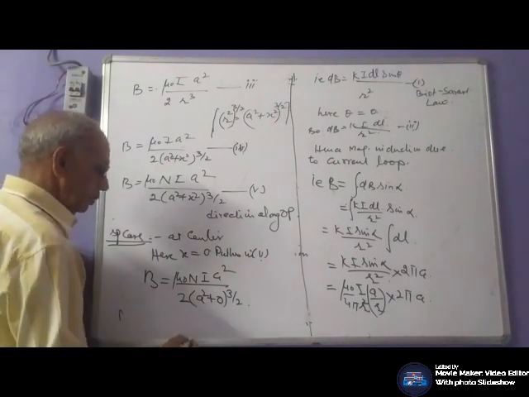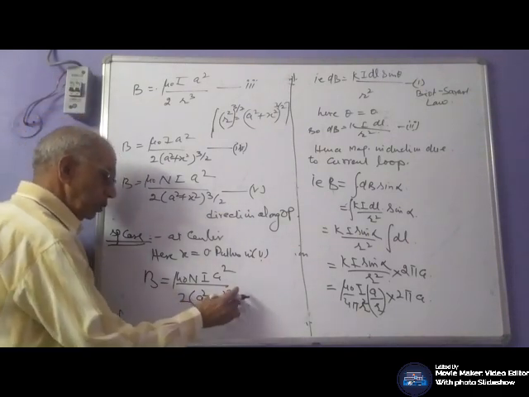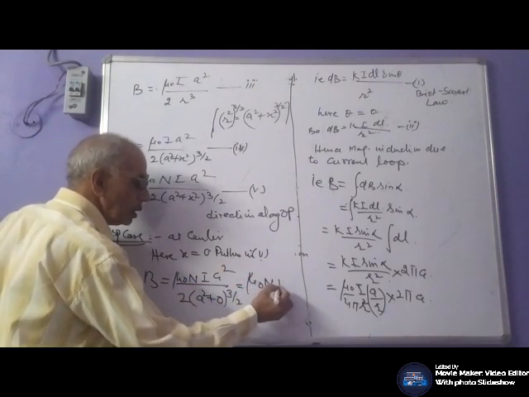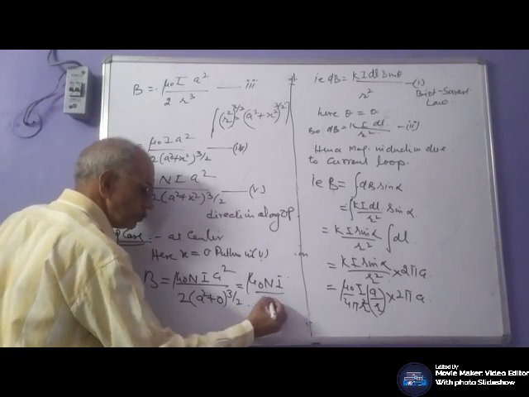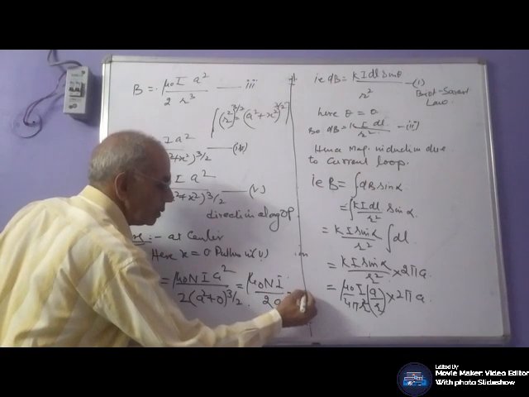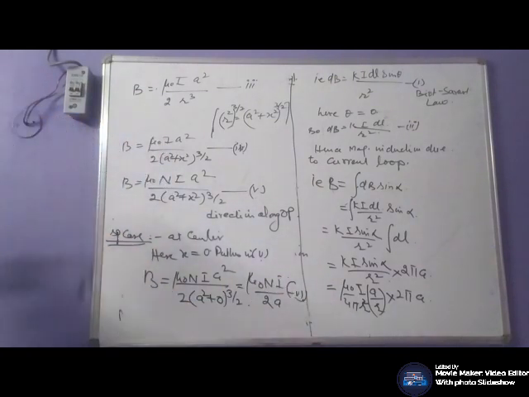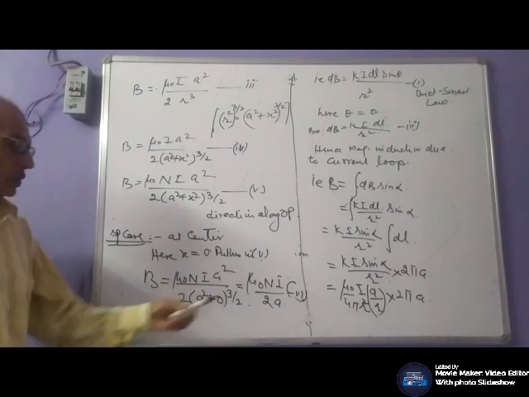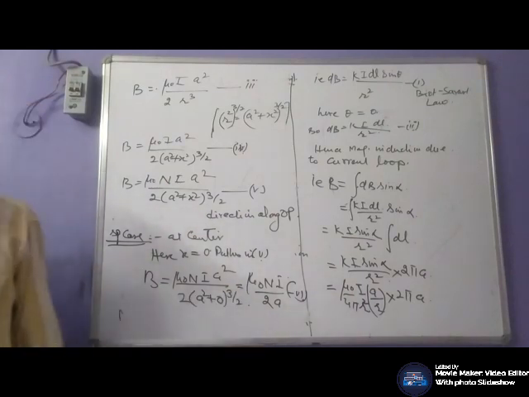It comes out to be a cube, so B is mu naught N I by 2a. So this is the magnetic induction at any point on axis of current loop, hence find at center of current loop. So this is the center of current loop.